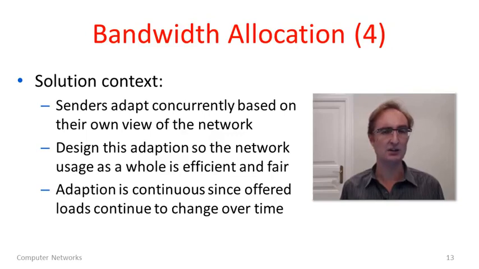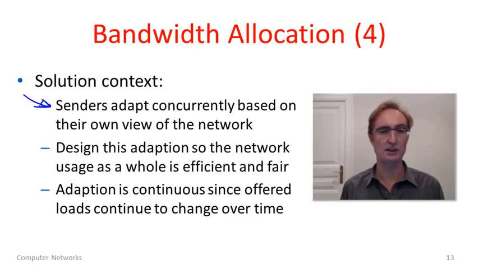Okay, so we still haven't got to the solution. It's going to take us many lectures to go over how TCP solves the bandwidth allocation problem. But I do want to give you just a little bit of context for the solutions we'll look at. Much like the routing problem, this is going to be one in which we come up with solutions in which all of the different hosts, instead of routers this time, who are sending traffic into the network are going to need to adapt their load on the network based on their own view of the network.